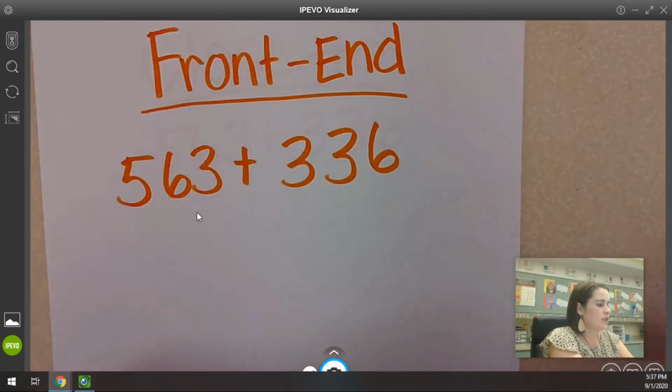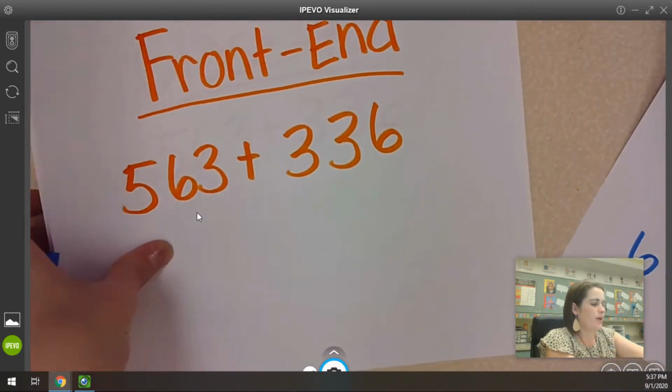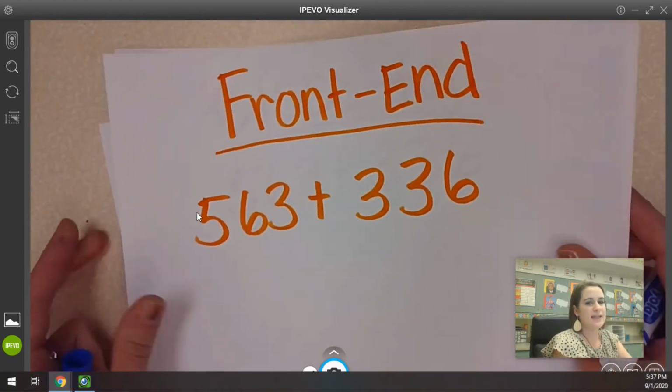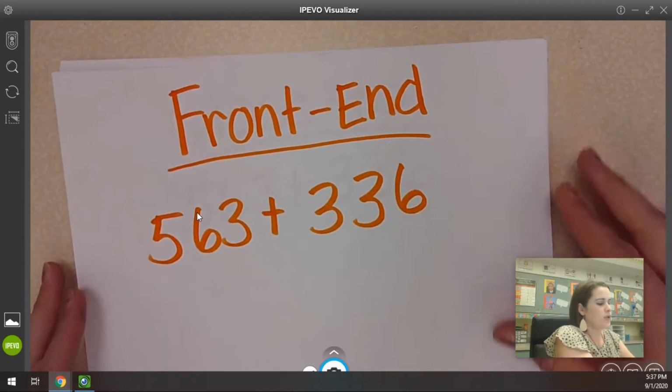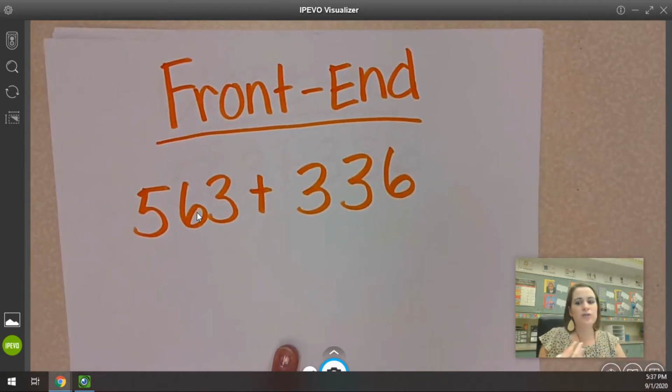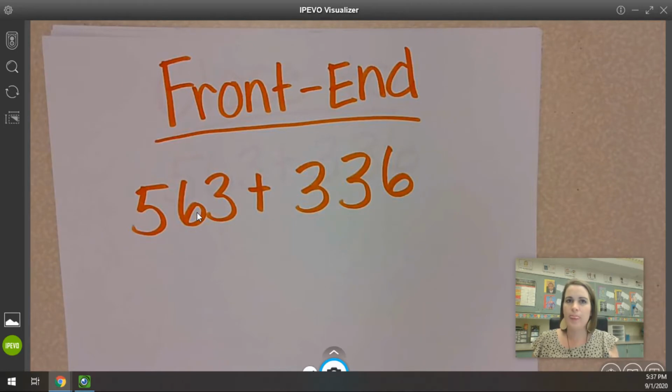All right, so let's do front end estimation now. Front end estimation, you're going to use if you don't have to get close to the exact amount. You just need to know about how much. In front end estimation, all you're doing is keeping the first digit and changing all the other digits in the number to 0.